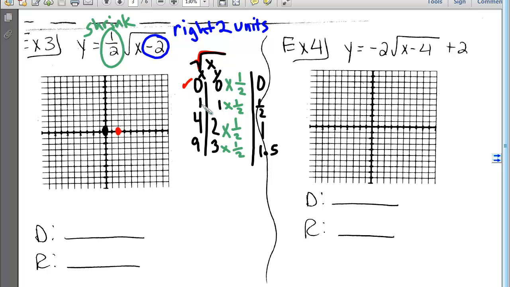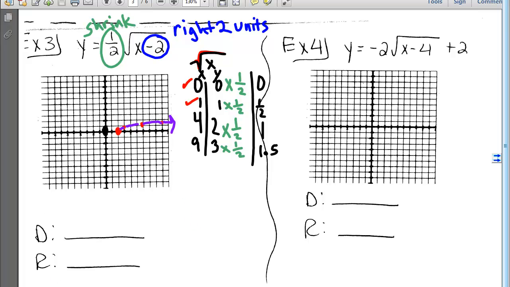Next one, out 1, up 1/2. Next set, out 4, up 1. And the last one, out 9, up 1.5. So this is a graph that has moved over and shrunk.